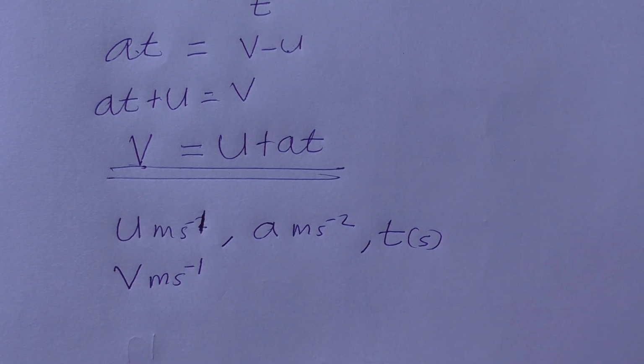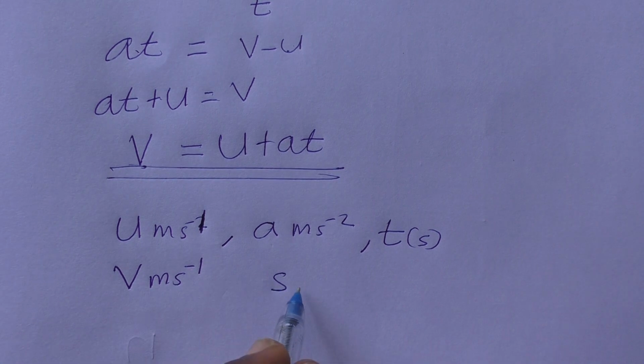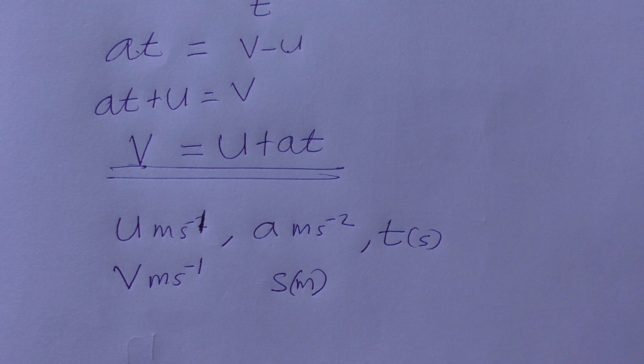The distance traveled by the body will be given by s in meters. So it is the distance covered by this body that we are looking for in this case.